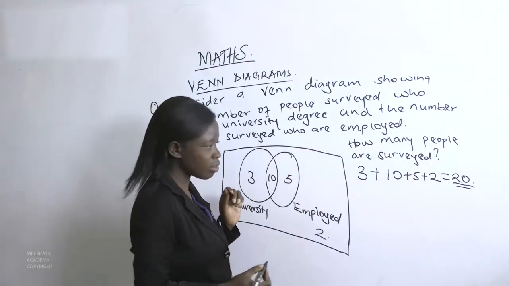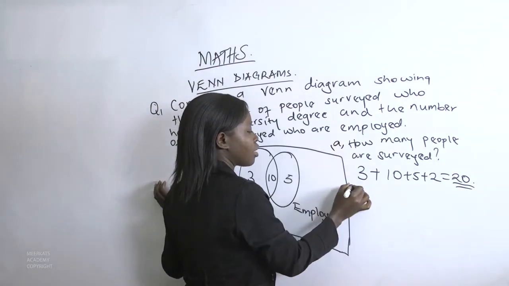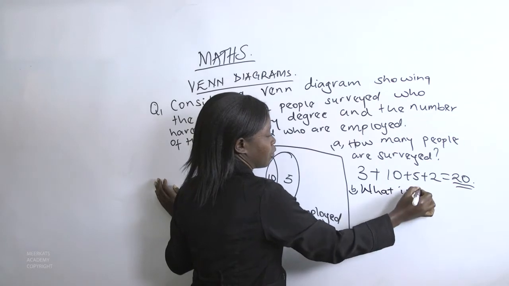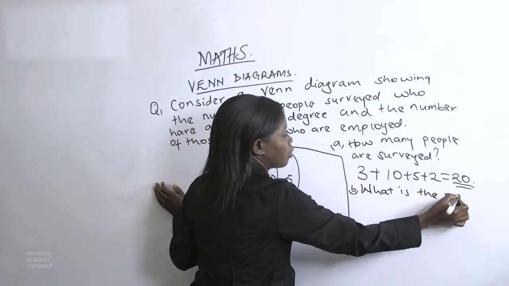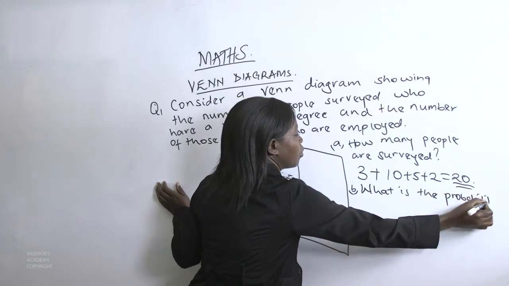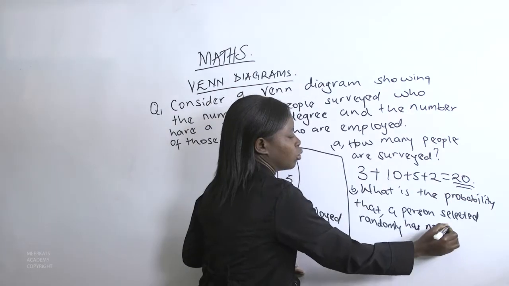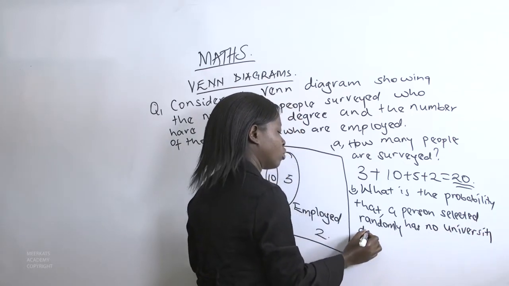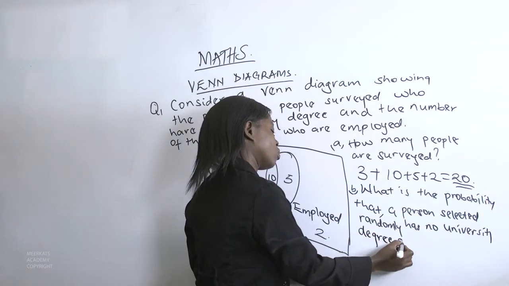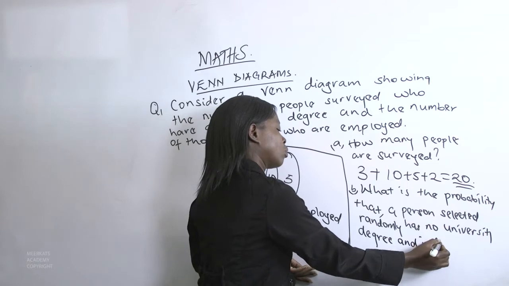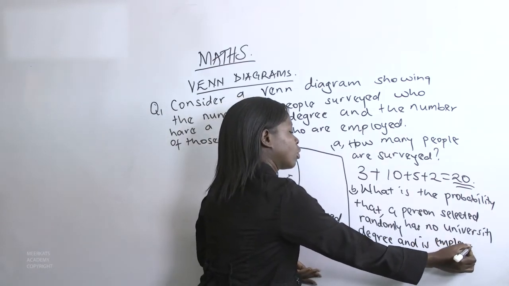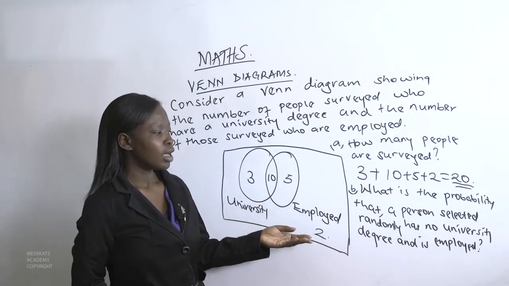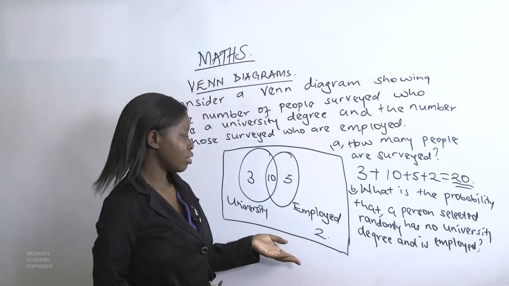Then the second question: find the probability that a person selected randomly has no university degree but is employed.